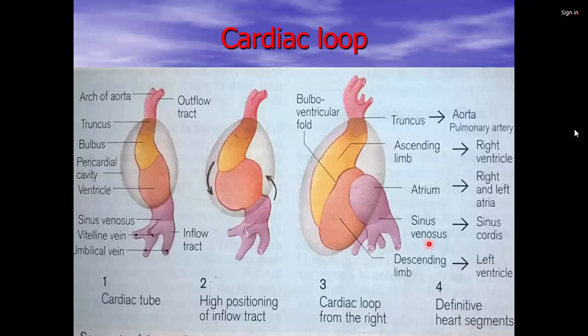The primitive atria and the part incorporated from the sinus venosus is marked externally by a depression we refer to as the sulcus terminalis, or as a projection into the lumen that we refer to as the crista terminalis. So in the right atrium, the smooth part originates from the sinus venosus, and the rough part, which contains musculi pectinati, will be part of the primitive atrium.